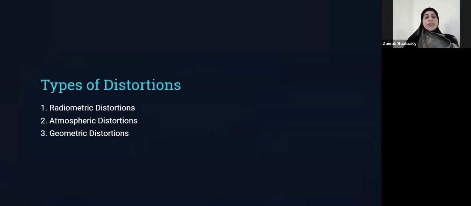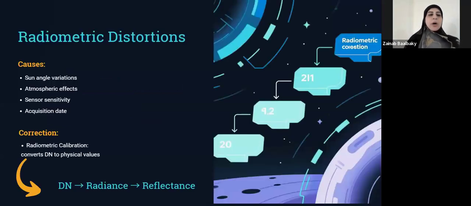There are three main categories of distortions that need corrections: the radiometric, the atmospheric, and the geometric. We will start by talking about the radiometric distortions. Suppose you image the same field twice.